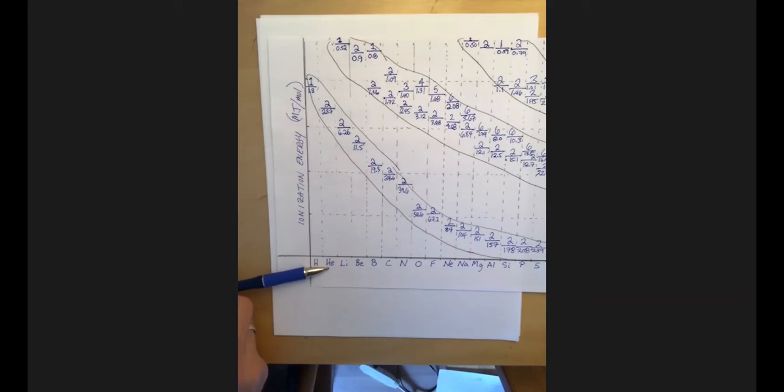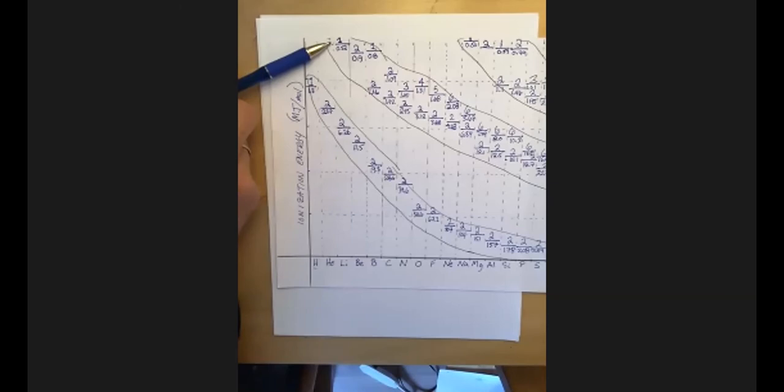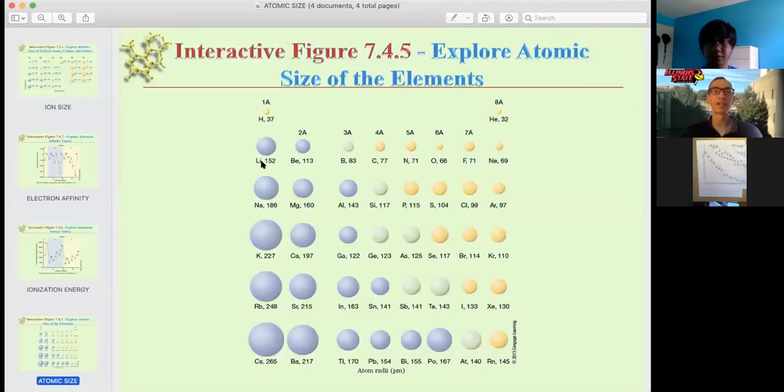Now, if we jump to the next element, lithium, if we look up here at the very top, lithium has its outer electron even further away. So lithium should be bigger than helium and bigger than hydrogen. So far, so good? Okay. And take a look. Here's lithium, slightly bigger than hydrogen, and also bigger than helium.